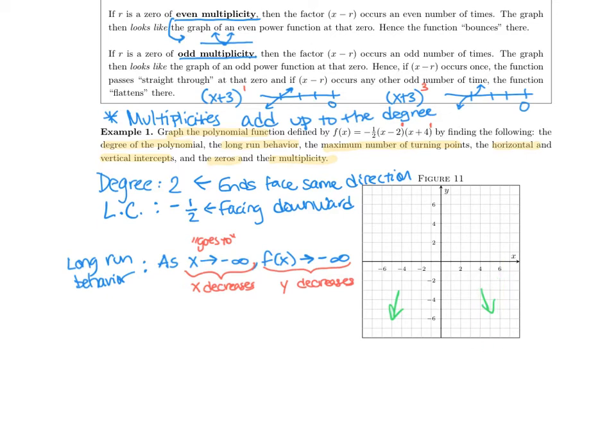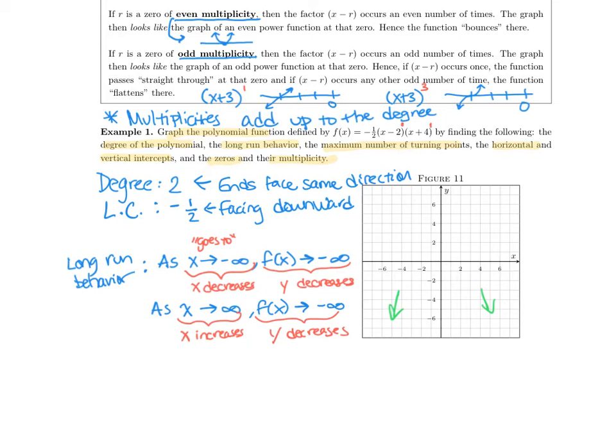Well, that's going to be as x goes to positive infinity, f of x goes to negative infinity. Or as x increases, the y value decreases. Now, you don't need the stuff in red, only the stuff in blue.